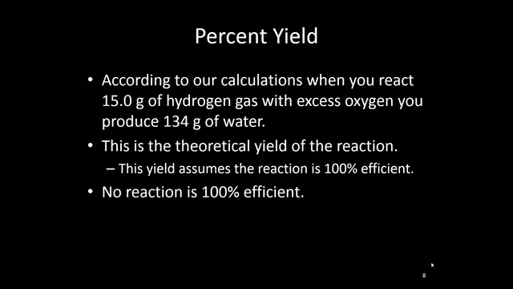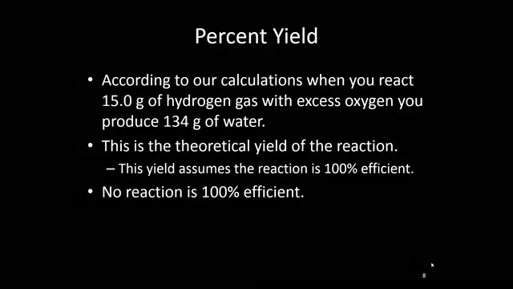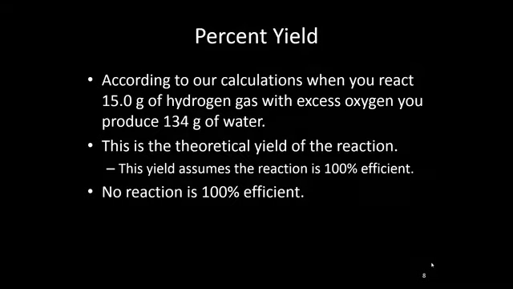In theory, if we react 15 grams of hydrogen gas with excess oxygen gas, we should get 134 grams of water. However, there is no reaction known to man that is 100% efficient. In other words, in the laboratory, we're actually going to obtain some smaller percentage of that 134 grams.